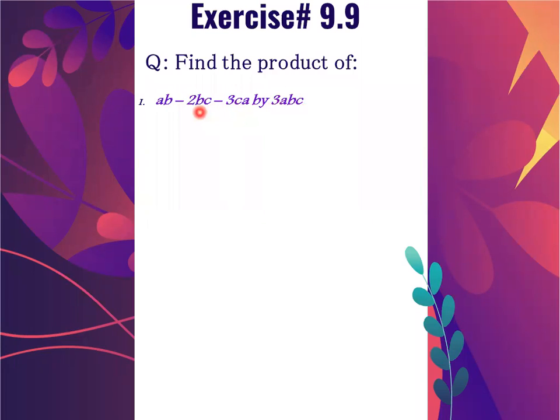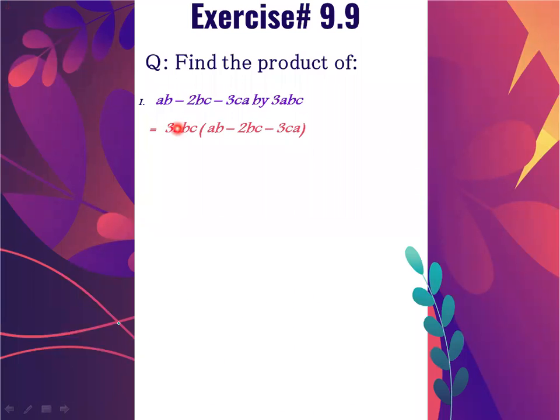And you are going to multiply this term 3ABC with the expression. Okay, so how are you going to multiply it? You will write 3ABC first, and inside the bracket you will write AB minus 2BC minus 3CA. This bracket sign basically indicates that this one term is going to multiply the terms that are present inside the bracket. So you are going to multiply each term individually.